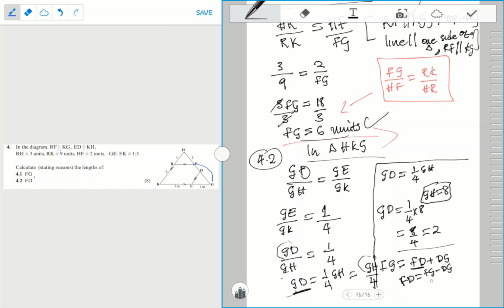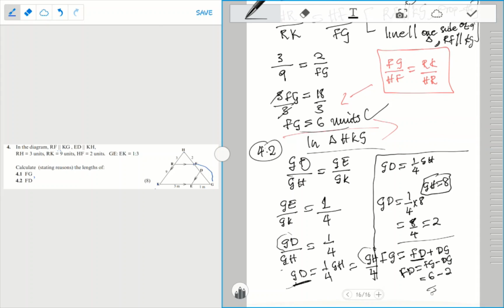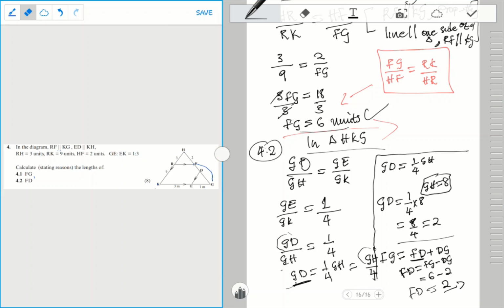Our FG is equals to 6 minus GD or DG is equals to minus 2. And then our FD which is equals to 2. Okay, meaning that now we have got that this is 2.